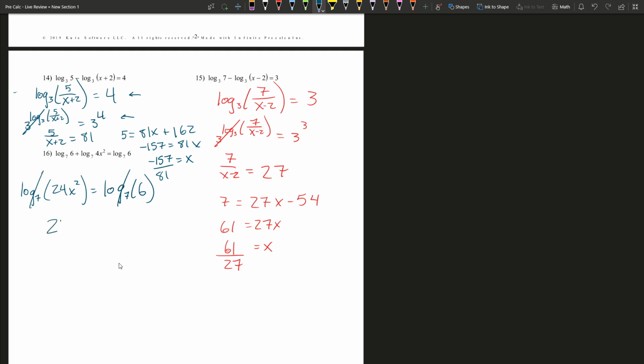So 24x squared is equal to 6. X squared is equal to 6 over 24. So x squared is equal to 1/4. So then x is equal to 1/2 or negative 1/2. But I would at least expect you to get here.